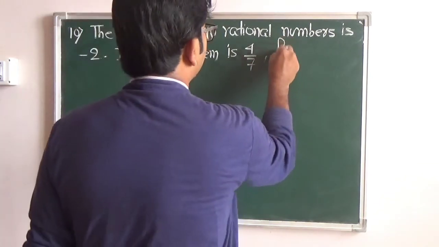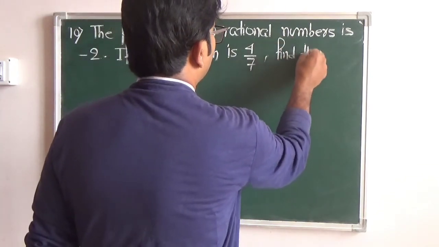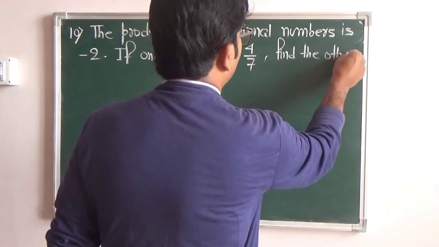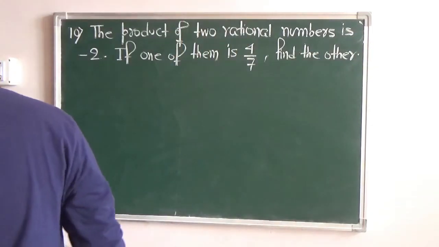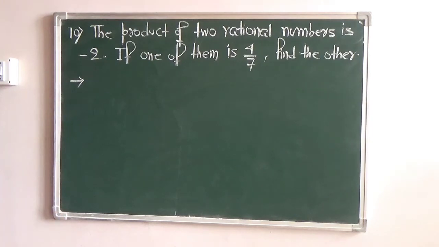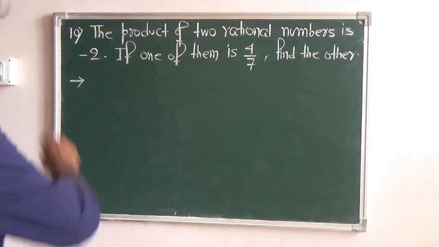Find the other. So the product of two rational numbers is minus 2. If one of them is 4 by 7, then find the other.